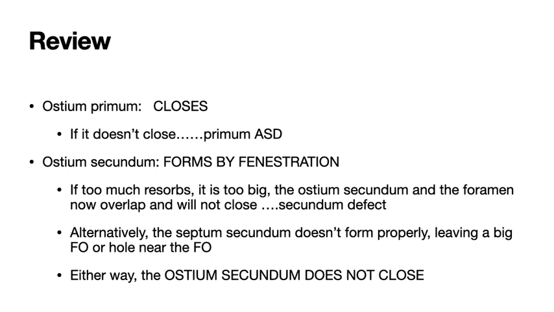If too much reabsorbs, it's too big, and the ostium secundum and the foramen now overlap, so the secundum doesn't close, so you have an ostium secundum defect. Alternatively, the foramen ovale is way too big. The septum secundum didn't form right and left a really big foramen ovale. Either way, the ostium secundum doesn't close.